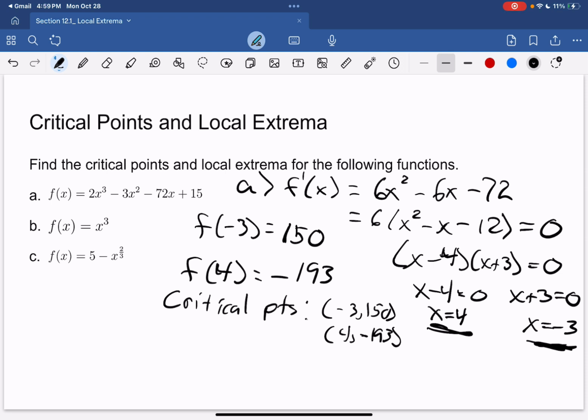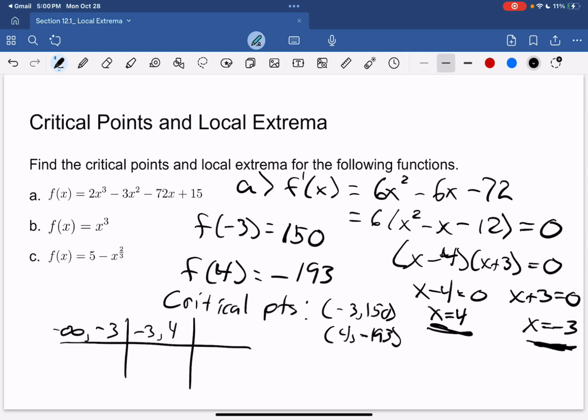Okay, so now I want to figure out what that change is. Okay. So I'm going to look from -infinity to -3. I'm going to look from -3 to 4.